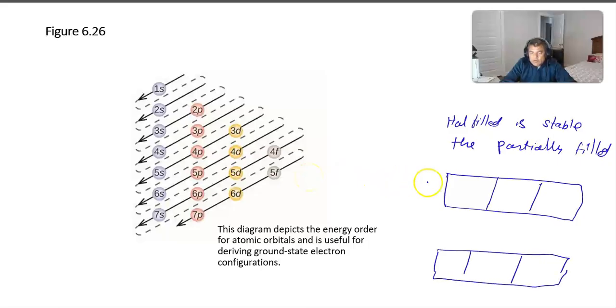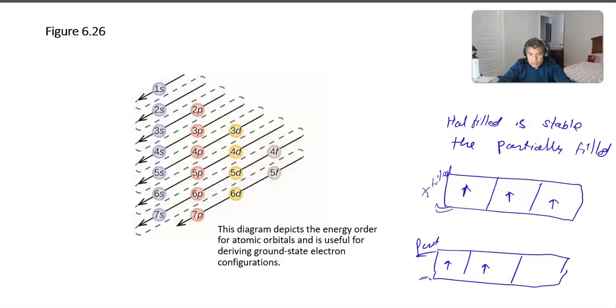Now you have, for example, the electrons like this, and you have electrons like this. So look at that. This is the half filled. This is partially filled, right? So that's why this one is more stable than this one.